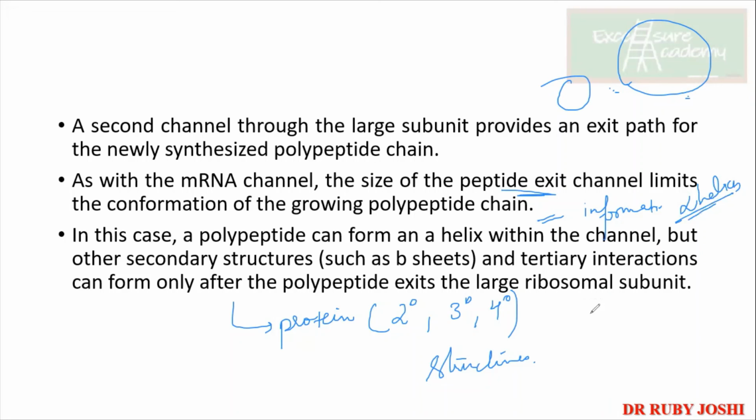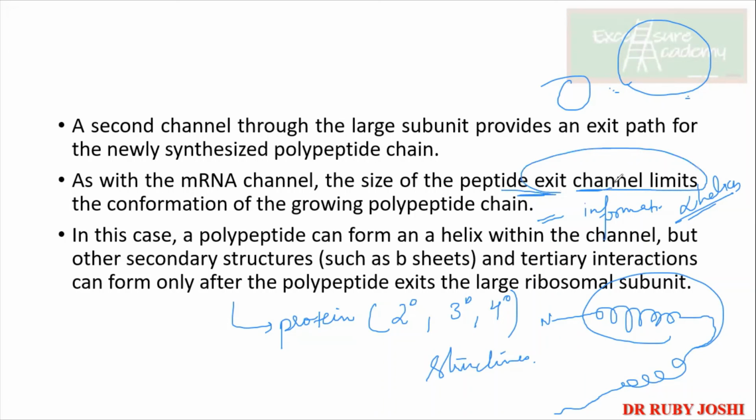So those polypeptide chain like N terminal है आपका, alpha helices ऐसे से form हो सकता है, and then you can have normal ऐसे structures. So these structures can form, and to allow proper exit of these structures, the exit channel for the polypeptide chain is wider as compared to your mRNA channel.